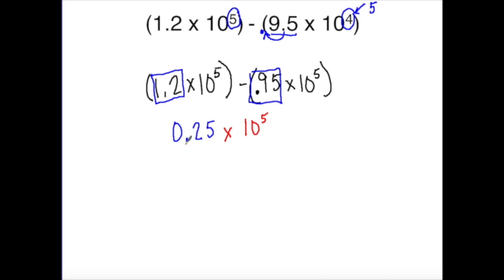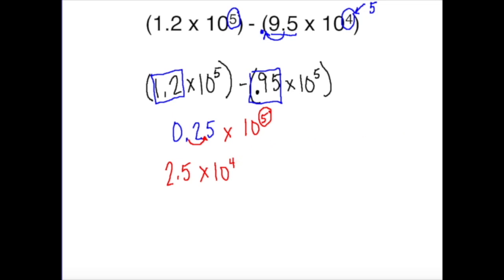So when I take this decimal and I move it one place over here, I've moved it backwards. And so that means that I need to take a power of 10 away. So my answer is 2.5 times, remember we've changed this, 10 to the 4th power.